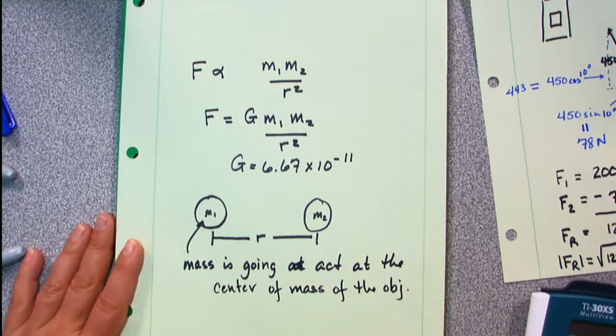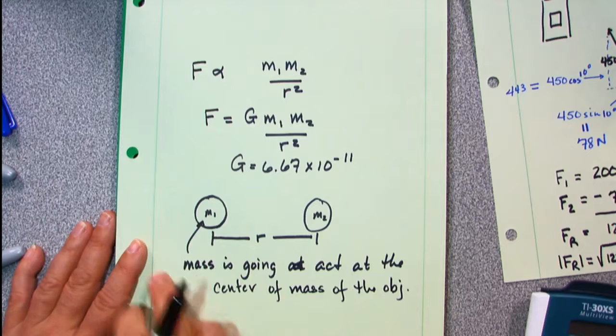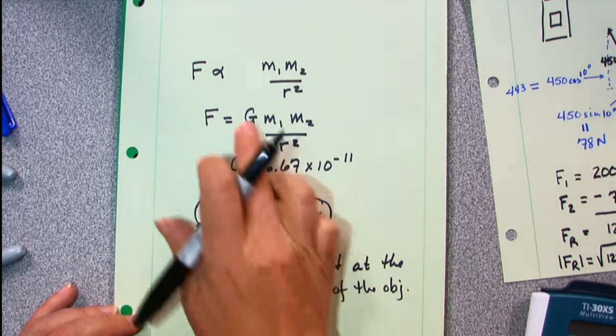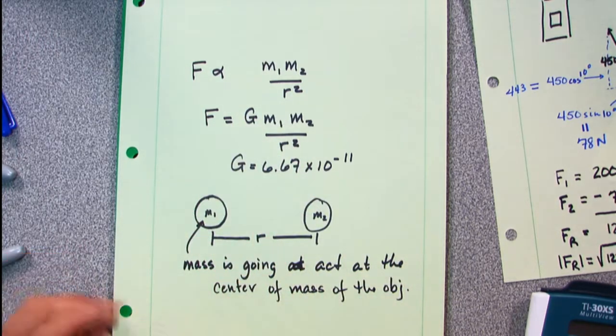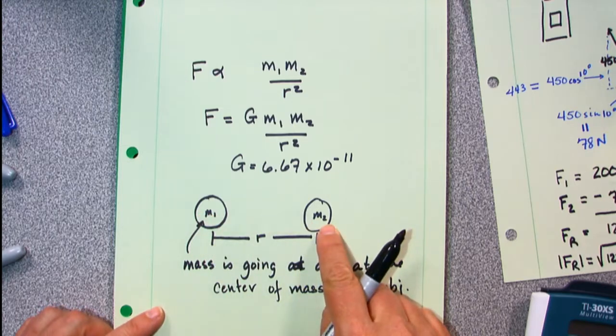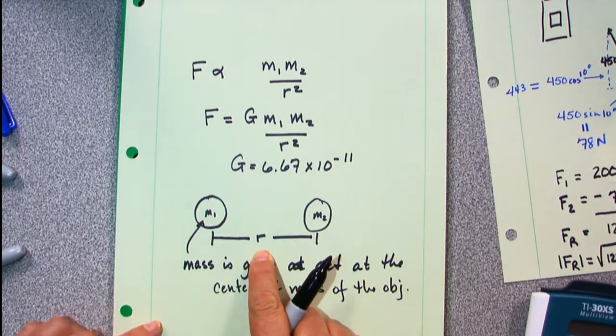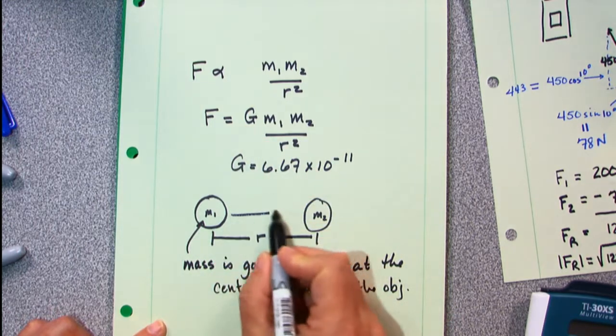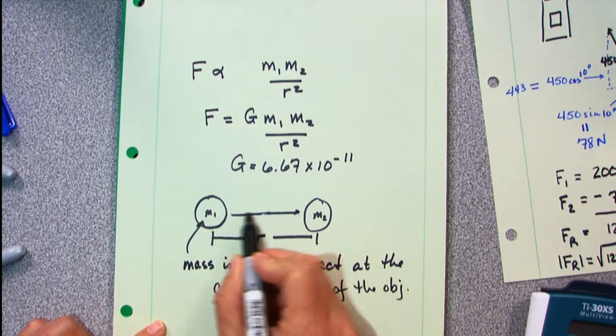Now, right now, that's something that we intuitively know, and later on in the semester, we will actually be able to calculate center of masses. But for right now, we're just looking at the forces. So if I have these two, I'm just going to plug and chug, right? I'm going to take the mass of this times the mass of that divided by the radius squared, multiplied by the gravitational constant. The attractive force is along this line between the two masses.